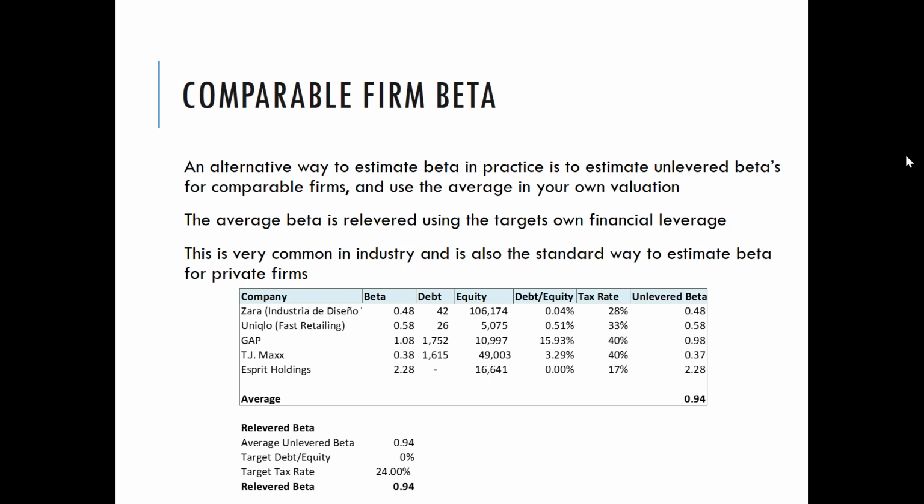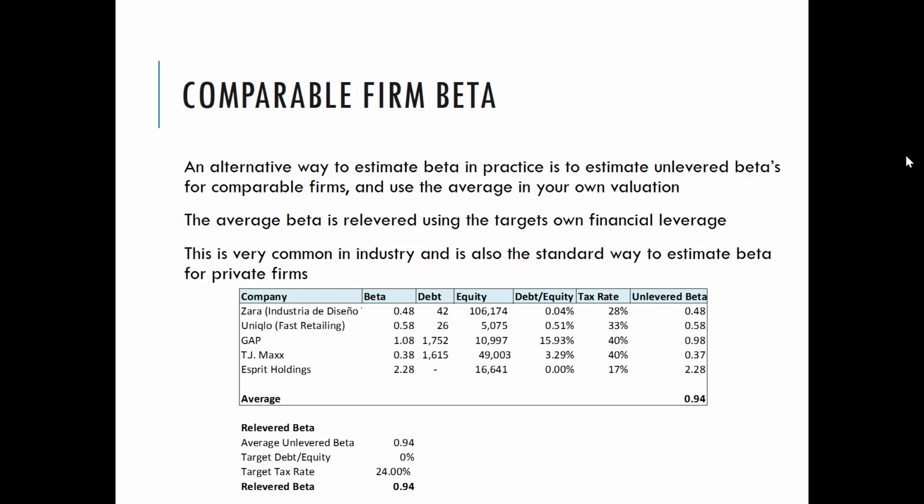But in order for us to understand what the comparable firm beta is that is associated with being in the clothing retail industry, we need to adjust this for the financial structure. So essentially we're going to use the formula on the previous slides to account for their debt to equity percentage.